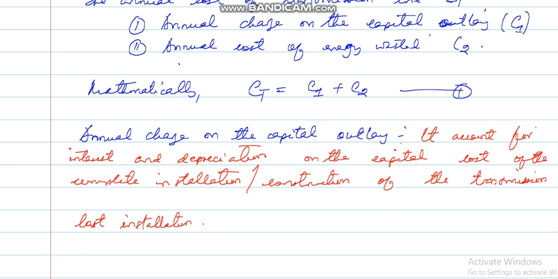Kwa hiyo tunasema cost of labor, labor cost, tuseme ni CL, plus cost of material, let's say this is CM.